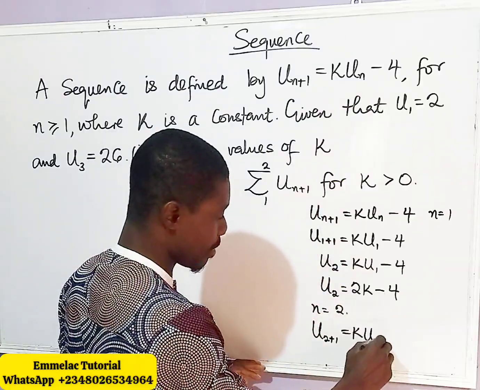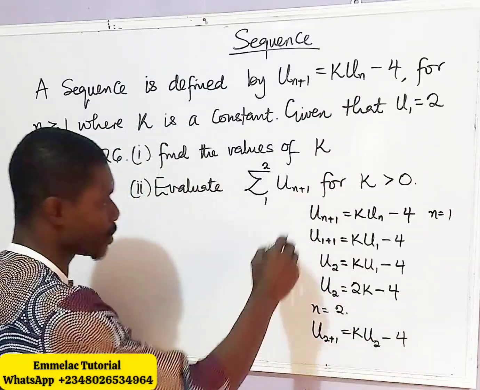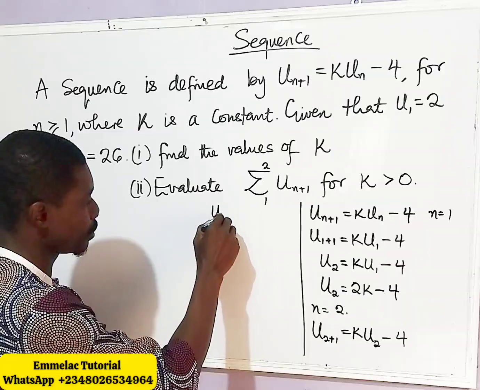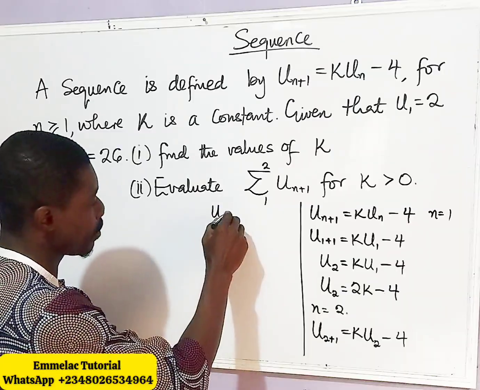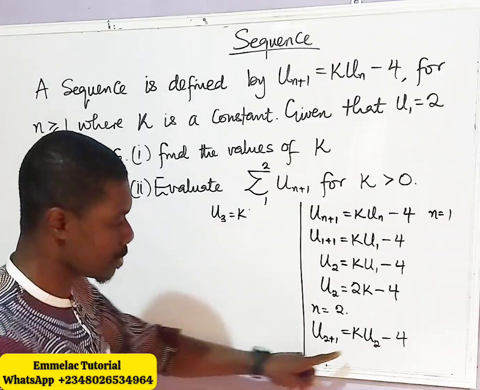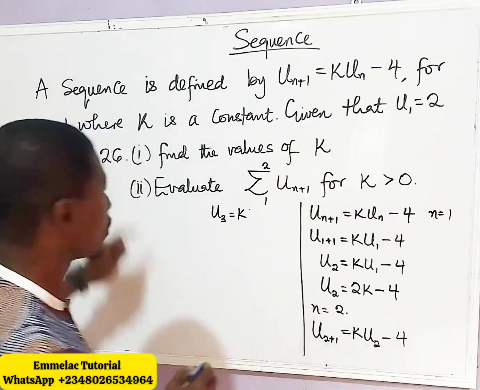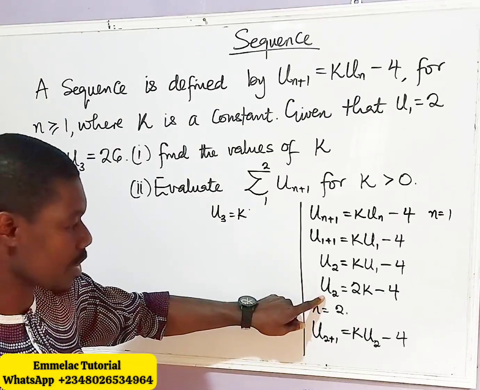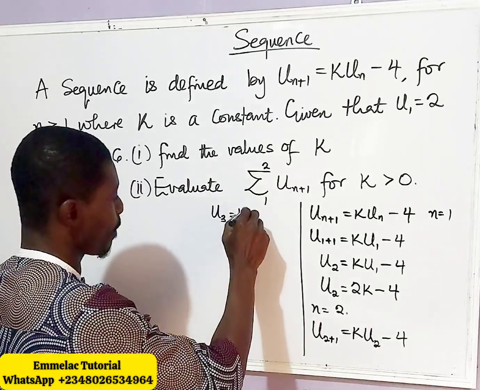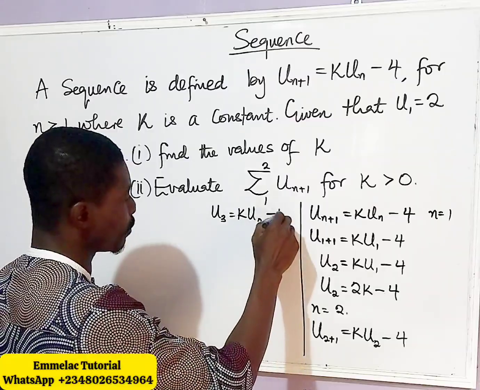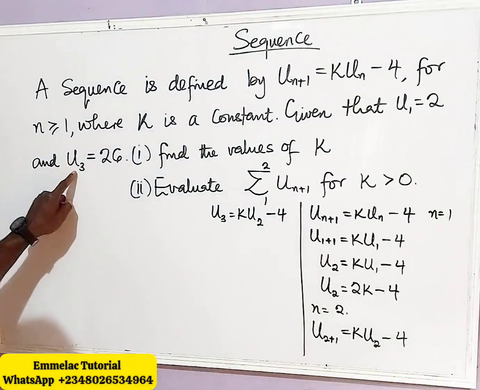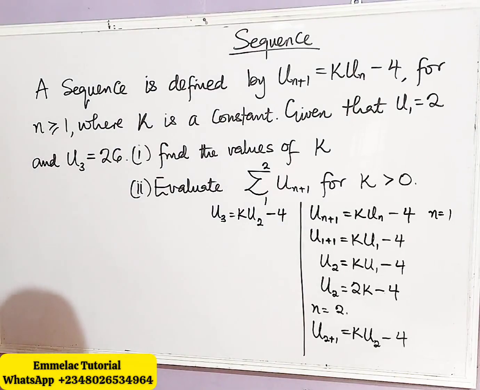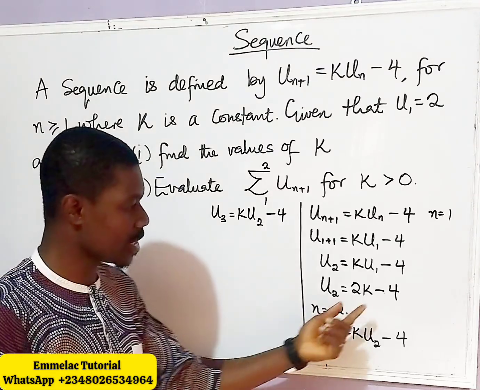So this becomes u sub 3 equals k u sub 2 minus 4. But recall from the question that the third term equals 26, and the second term is given by the equation we just found.